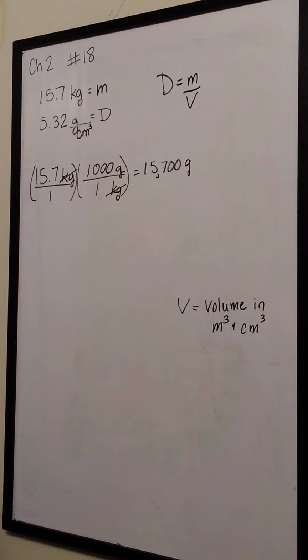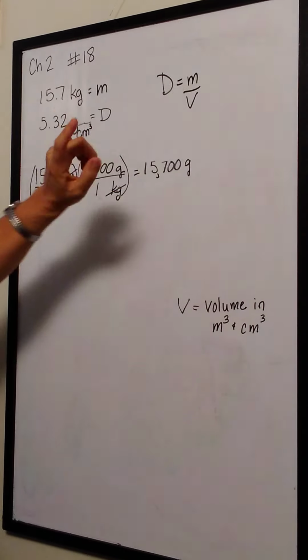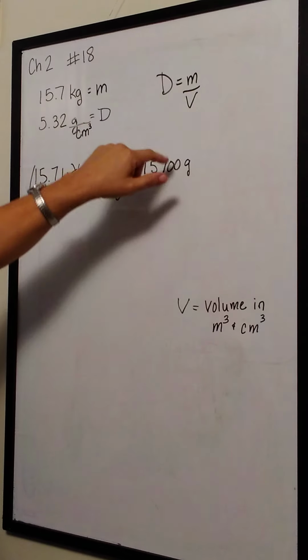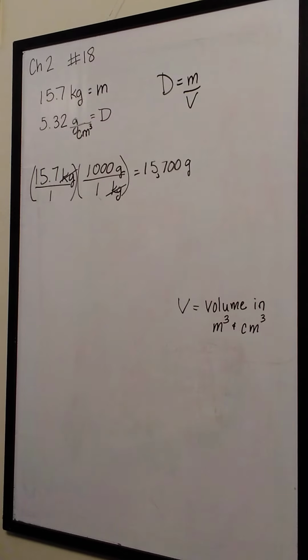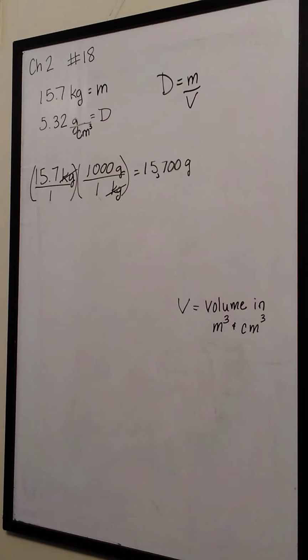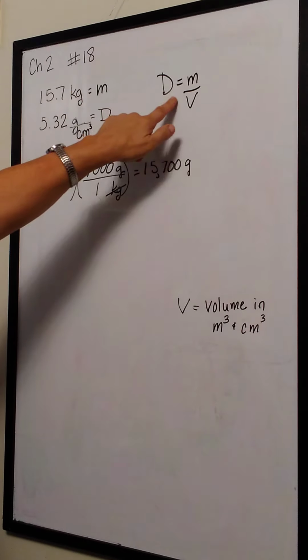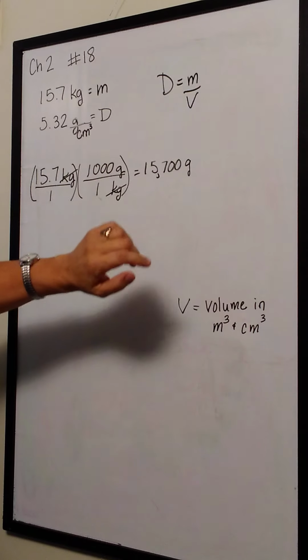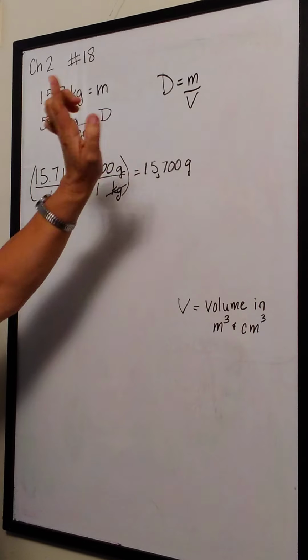The next thing you might notice, we could plug in the mass, we could plug in the density, and we will get the volume. I might just do it right the way it is, but it might be more convenient to go ahead and convert that formula so that we have volume as the answer.